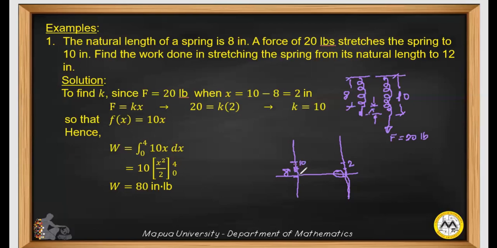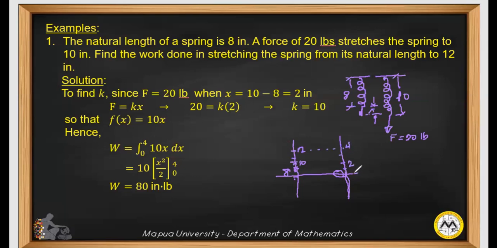But we are asked to find the work done when stretching a spring from the natural length to 12 inches. So to 12 inches, this is 10, 11, 12. Equivalently, then this will be 4.